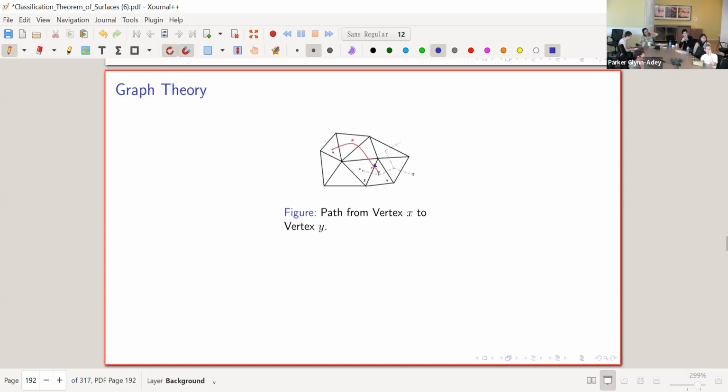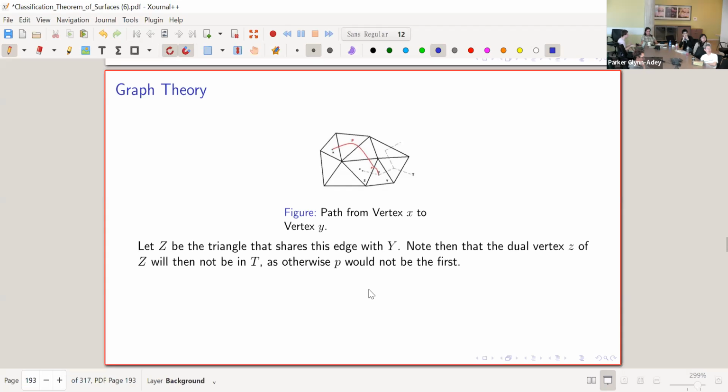So we're going to let this be the first point where it intersects some part of the dual tree. We're going to let Z be the triangle that shares this edge with Y. Note then that the dual vertex Z of Z will not be in T. Otherwise, P would have to be this point instead, because this would be the first point where we meet the dual tree.